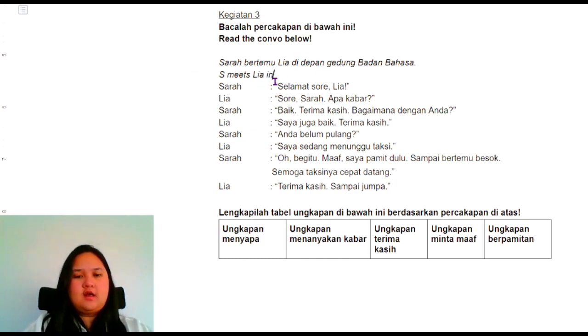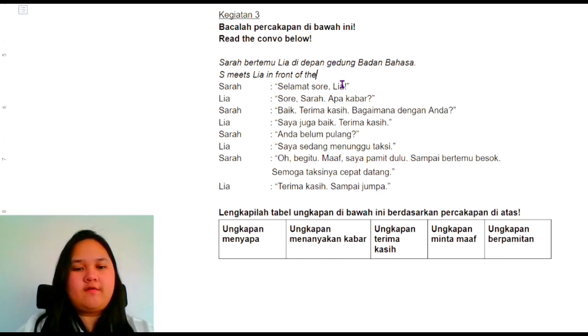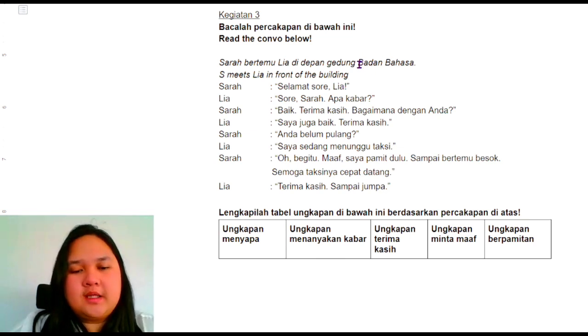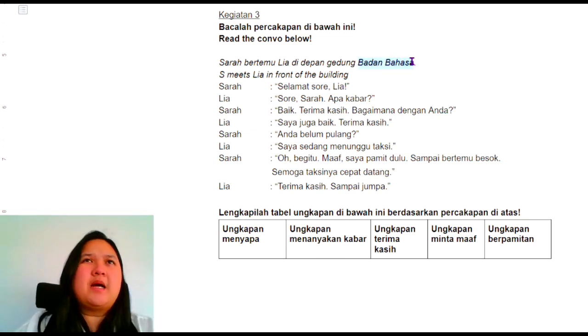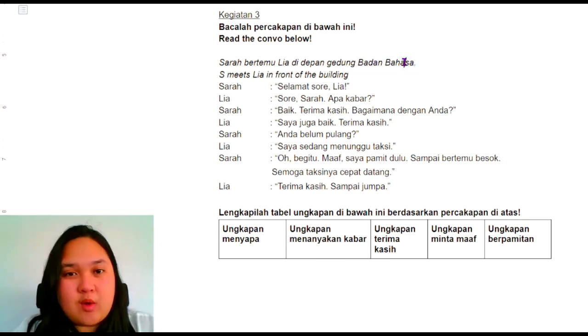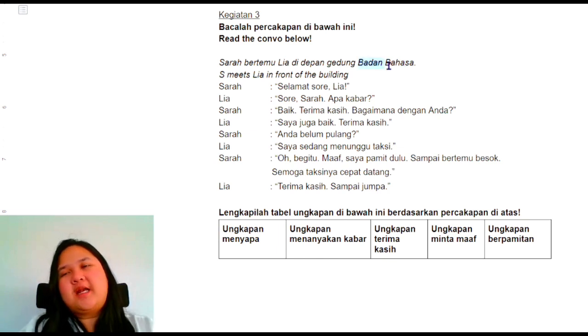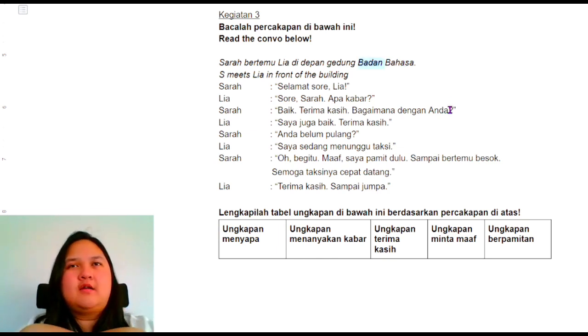In front of gedung Badan Bahasa. Gedung is building. In front of the building of Badan Bahasa. Bahasa, we already know, is language, and Badan is like organization, institution.